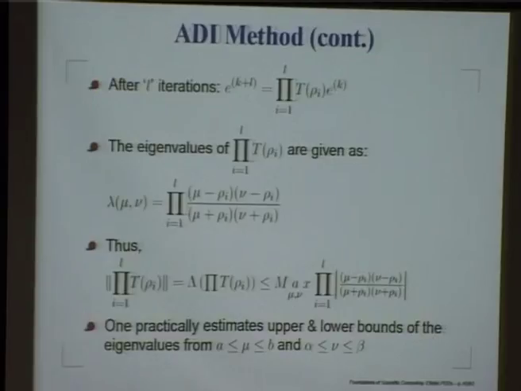Now, look at the way that we have written down that linear algebraic equation, that E k plus 1 is related to E k by the multiplication of T. Now, if I do L such iterations, so I go from E k to E k plus L, then I find it is nothing but taking a product of these successive T matrices.